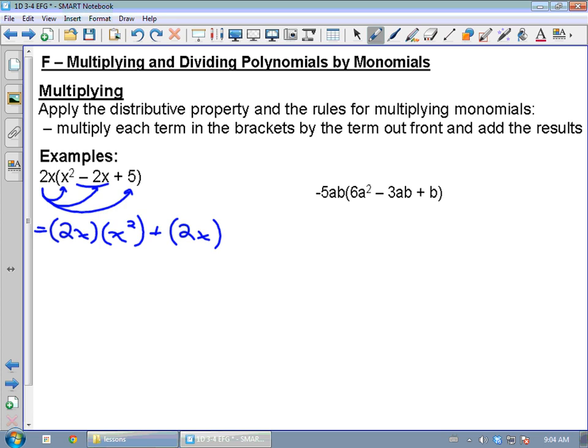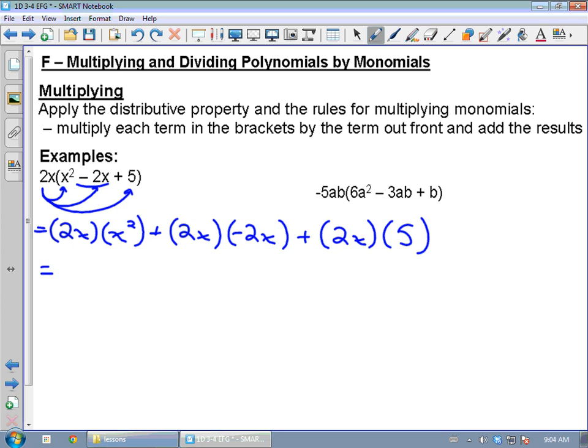And we're going to keep that sign that is in front of the 2x with the 2x. So negative 2x. And then we're going to take that 2x and we're going to multiply it by positive 5. And then we just follow the rules for multiplying monomials that we did in the last lesson.